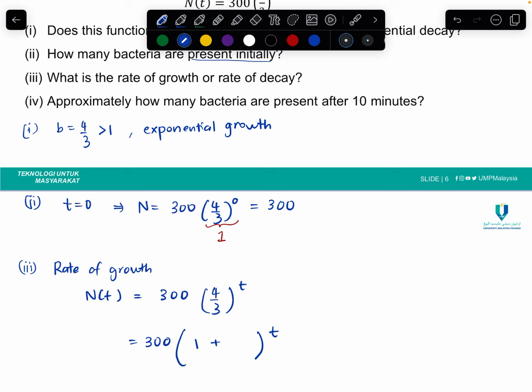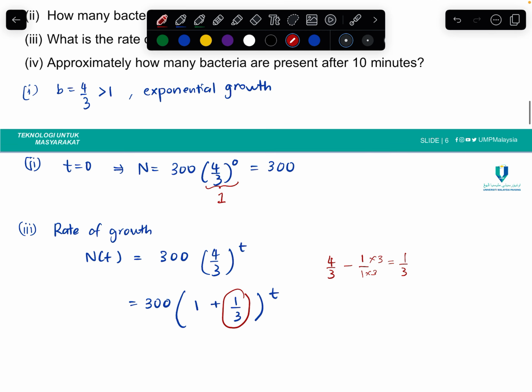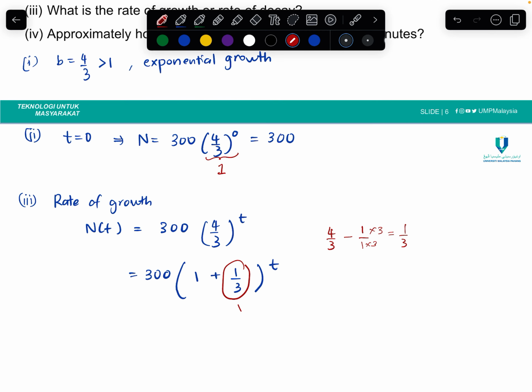1 plus 1 over 3 equals 4 over 3. How do we get 1 over 3? We just need to find the value by writing 4 over 3 minus 1. So we get 1 over 3. That means 1 over 3 is there. 1 plus 1 over 3 equals 4 over 3. And this is the rate of growth.